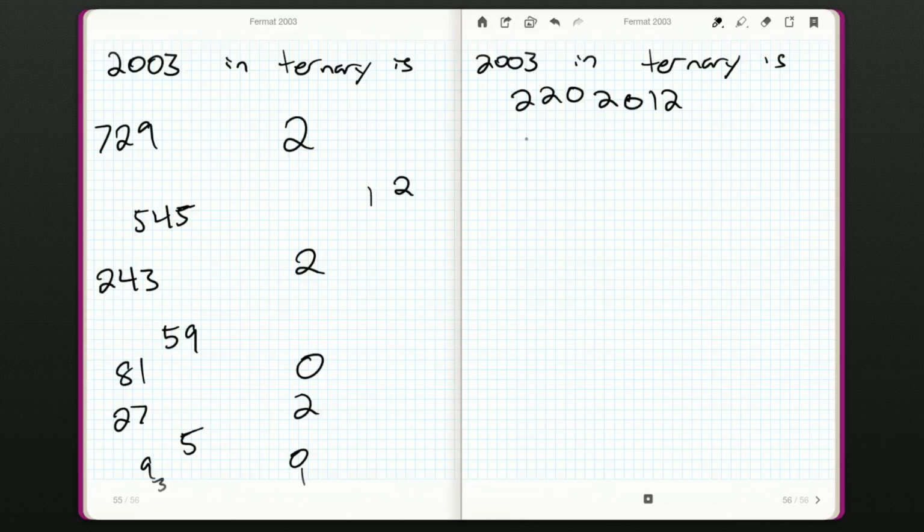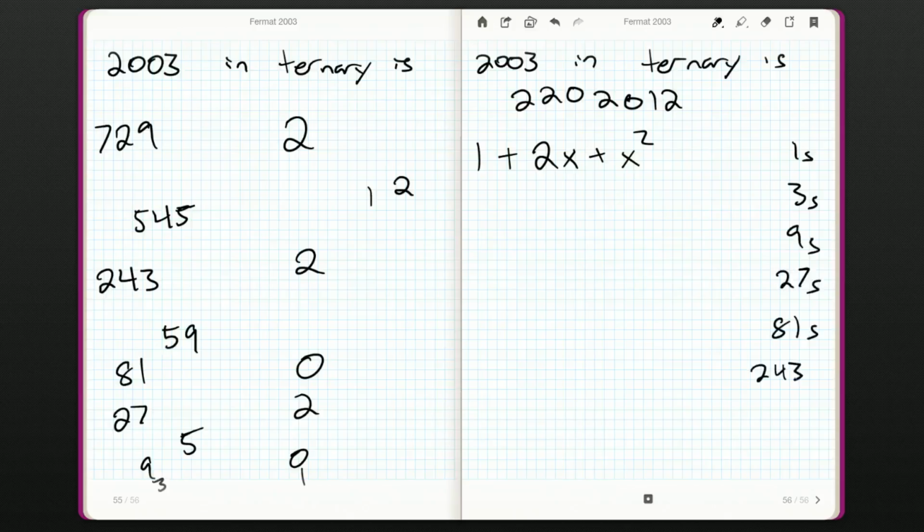What are we going to do now? Okay, so we have this information. And what do our sort of brackets look like? What are the coefficients we're stealing? So this is for the 1s. Then we'll have for the 3s, we'll have for the 9s, the 27s, the 81s, the 243s, and the 729s. 1 plus 4x to the 3 plus 4x to the 6.